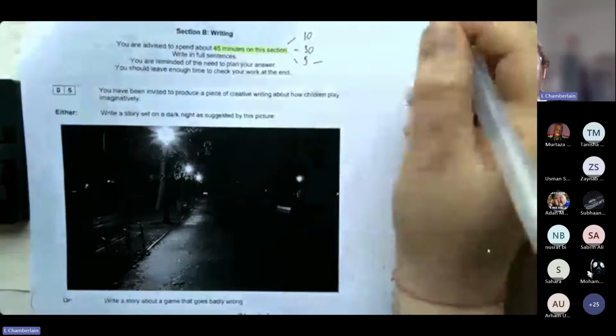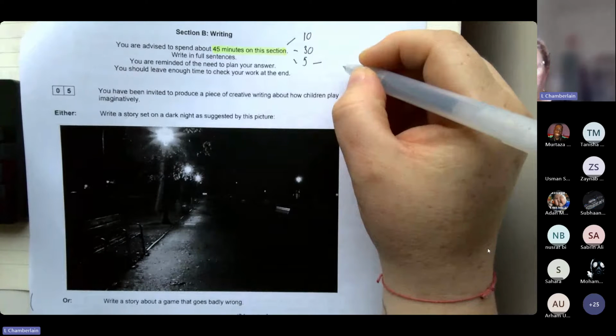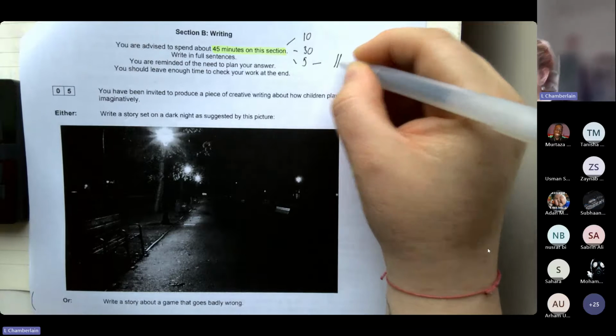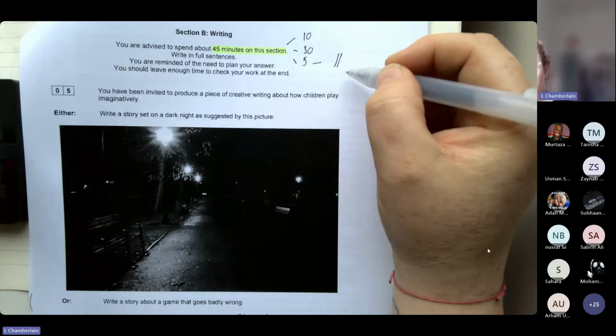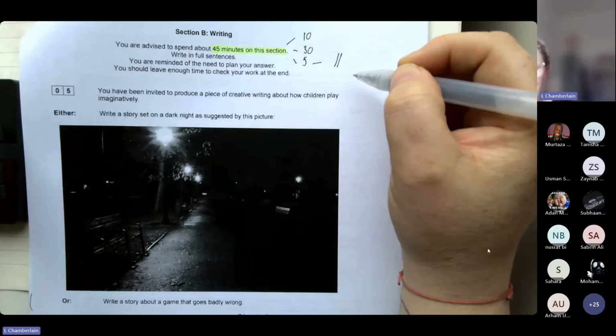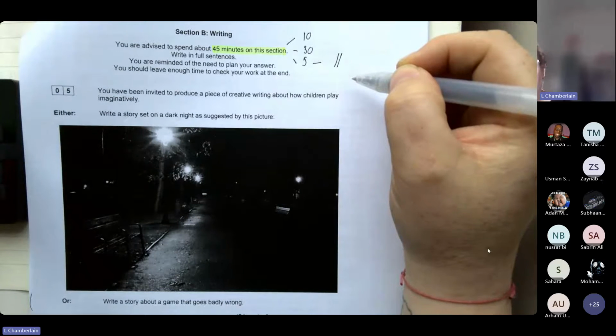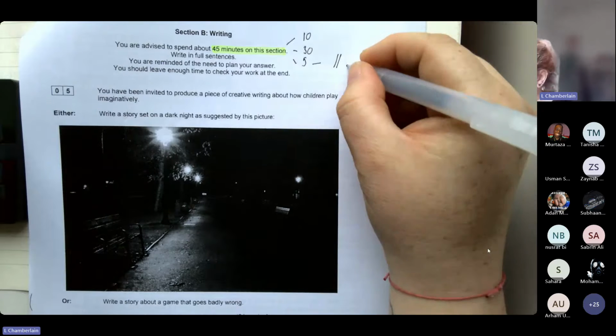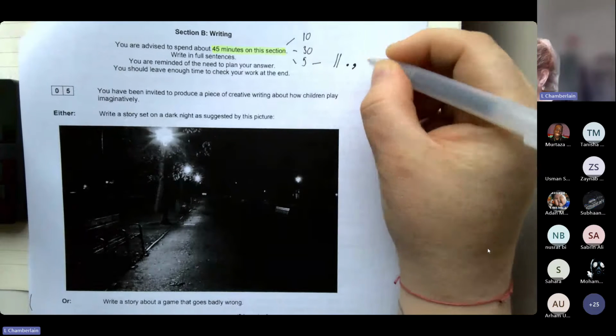When you are checking, there are 3 things to really look out for. Firstly, have you organised your work into paragraphs? If you've not used paragraphs, simply place those 2 lines where there should be a paragraph and the examiner will mark it like it is paragraphed. Secondly, check your punctuation.